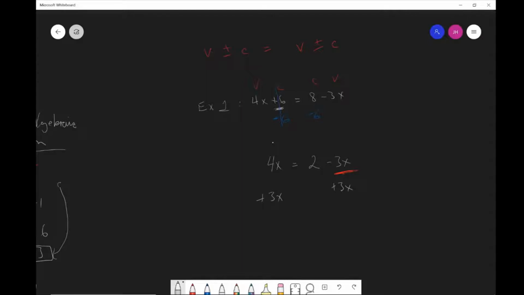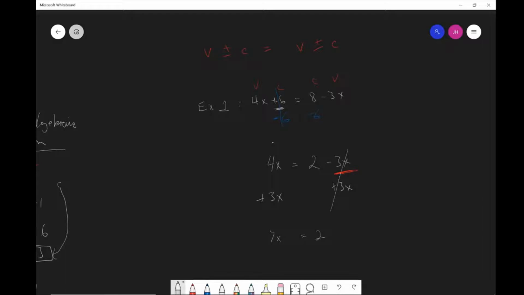Minus 3x and plus 3x cancel out with 0. 4x plus 3x is 7x. 7x equal to 2.